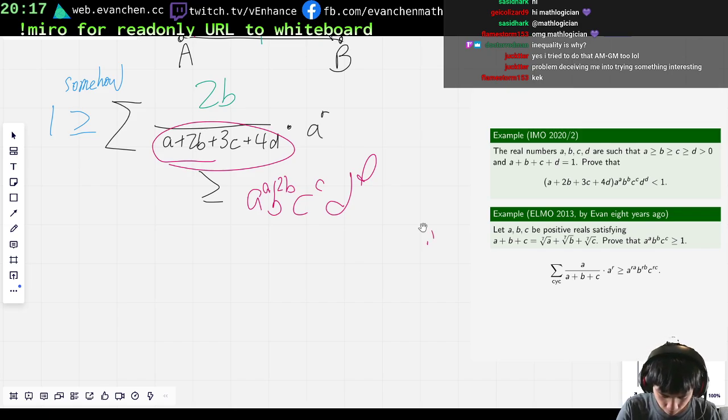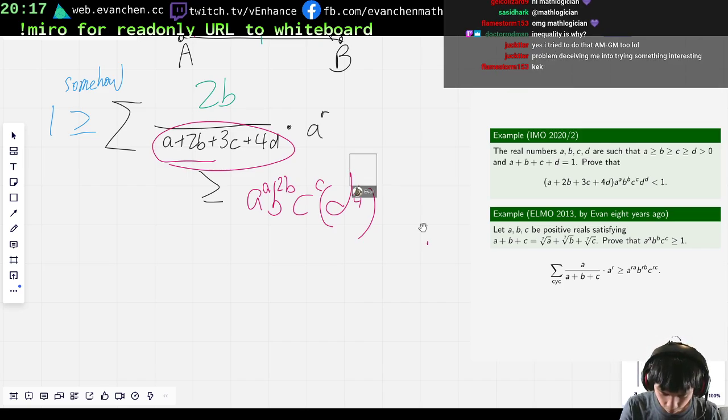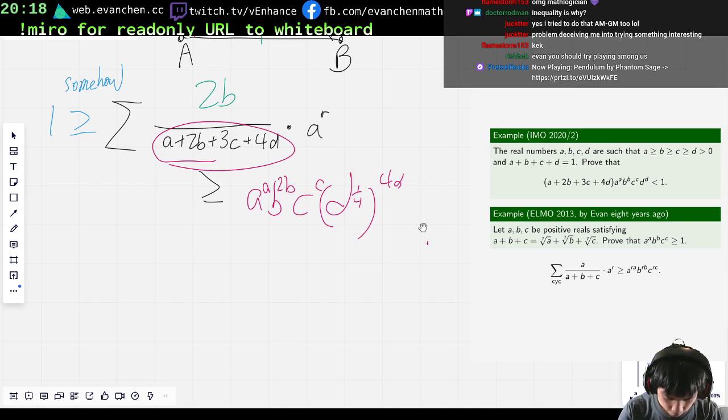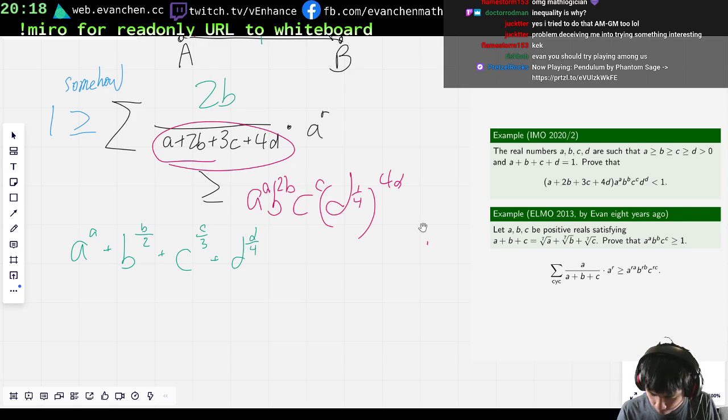Maybe the d weight is like 4, and this one will then be d to the 1/4. That's really sloppy. But then when you look at this, you end up wanting to show something like a to the a plus b to the b halves plus c to the c thirds plus d to the d fourth. Is that right? No, I'm definitely messing something up.